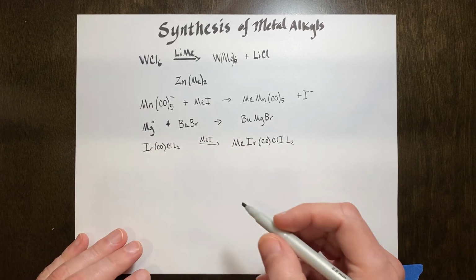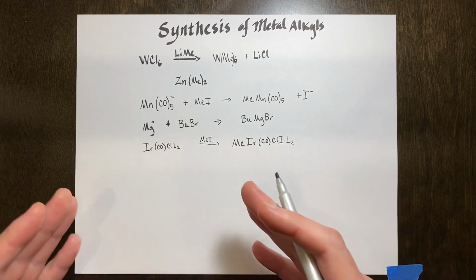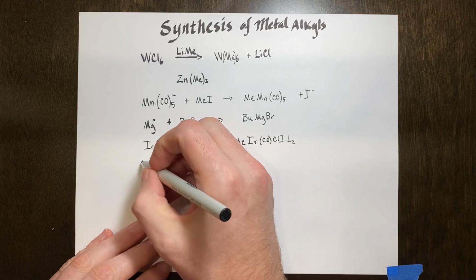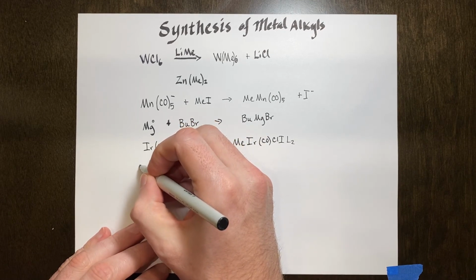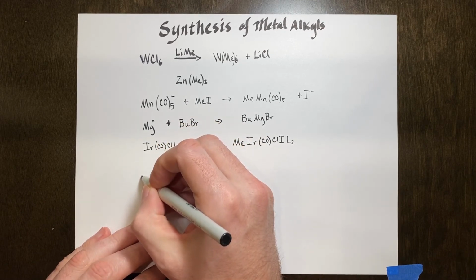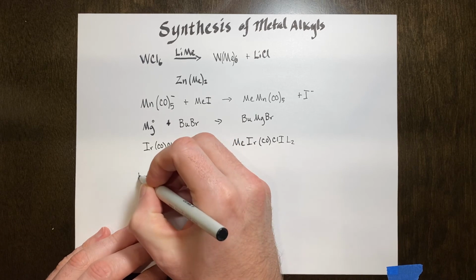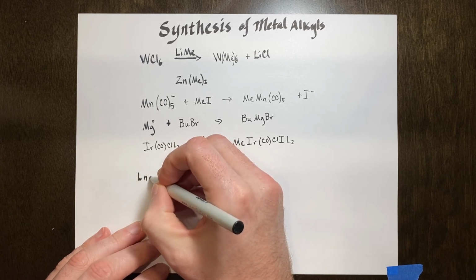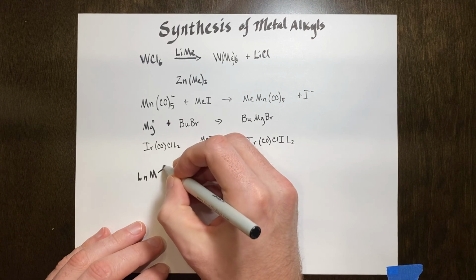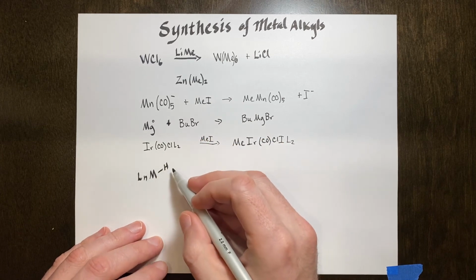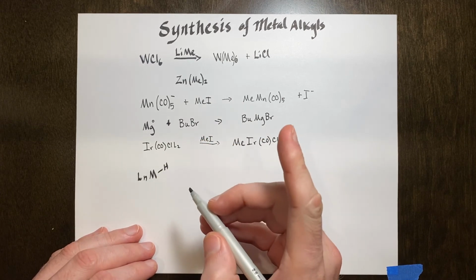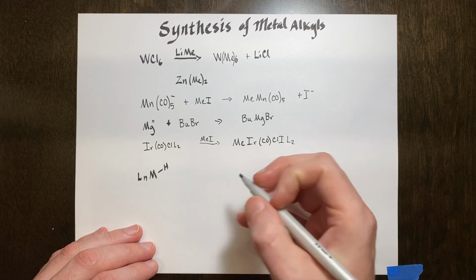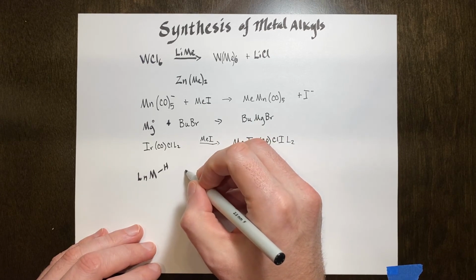And 1,2 insertion is the opposite of beta hydride elimination in this case. So 1,2 insertion would look like this. We have our ligands, we have our metal, and we'll have to have a hydrogen. We'll have to have a metal hydride to start with, and then we'll need to add an alkene.